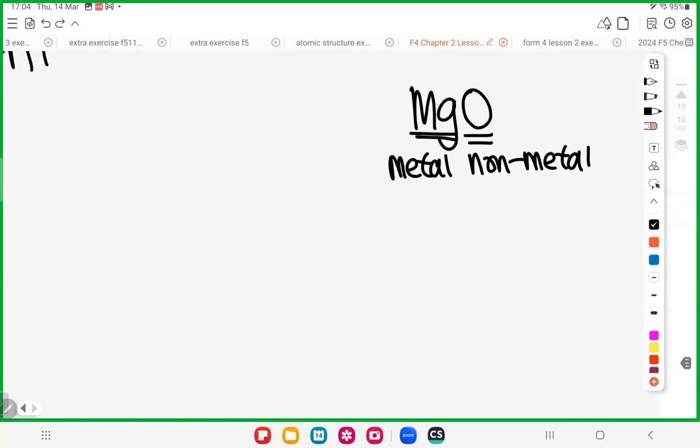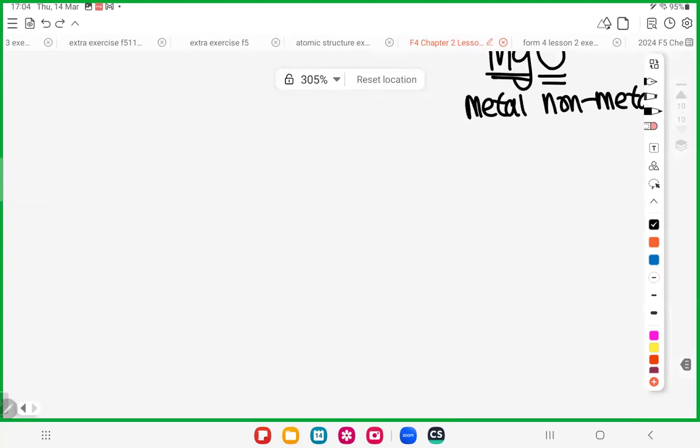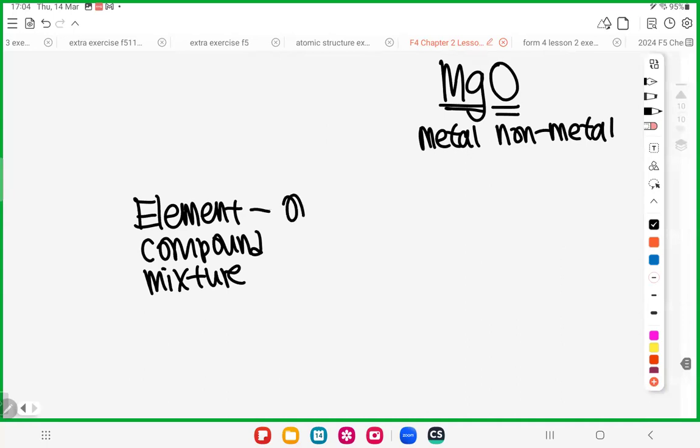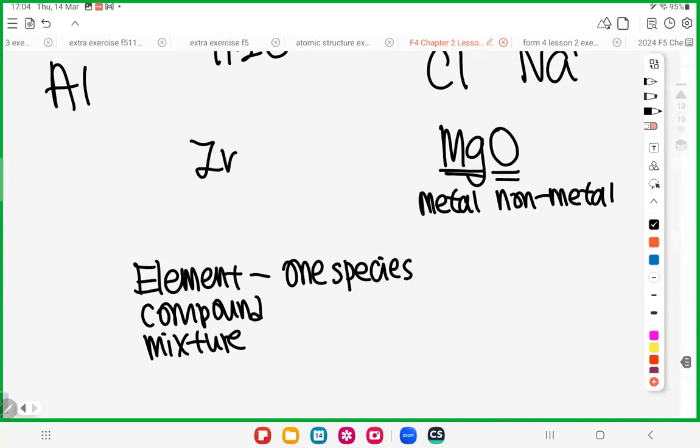What else did we learn in the previous lesson? I also introduced what is an element, a compound, and a mixture. An element is made from one species. For example, zinc, Zn, is only one type of substance, so it's an element.